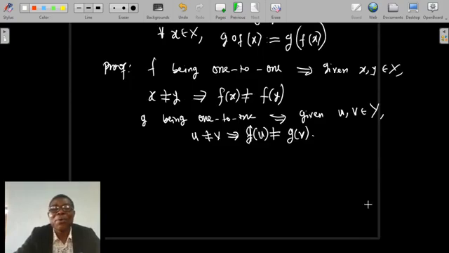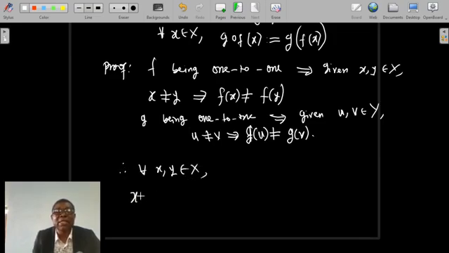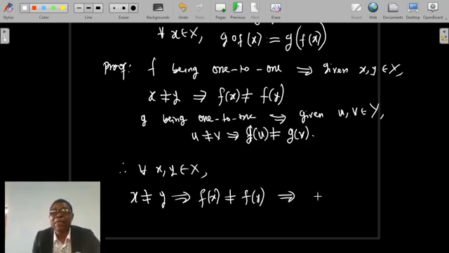Now, from this, we therefore have that for any x, y in X, x not equal to y implies that f(x) is not equal to f(y).